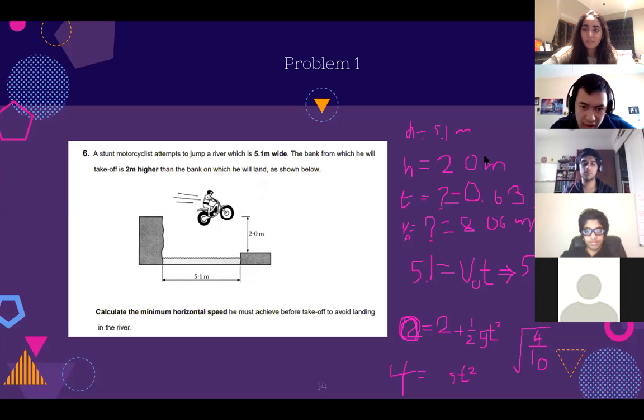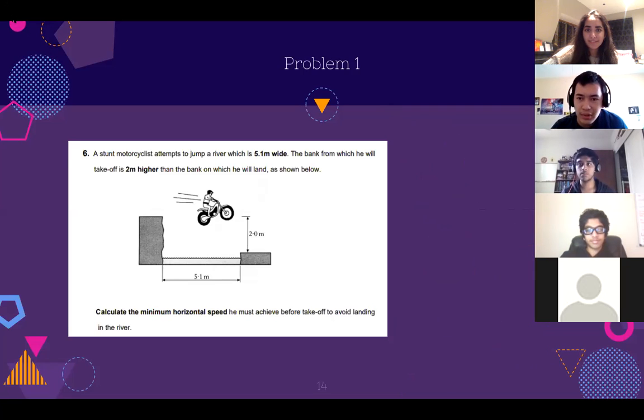That is his horizontal speed. And let me just make sure the decimal place looks like it's actually there. So that is our final answer. Does that look right? Okay. Any questions? We'll move on to the next one.